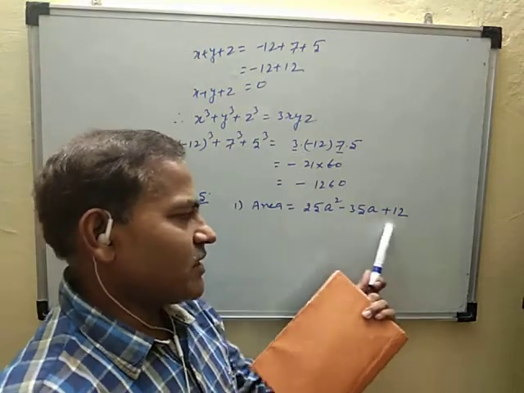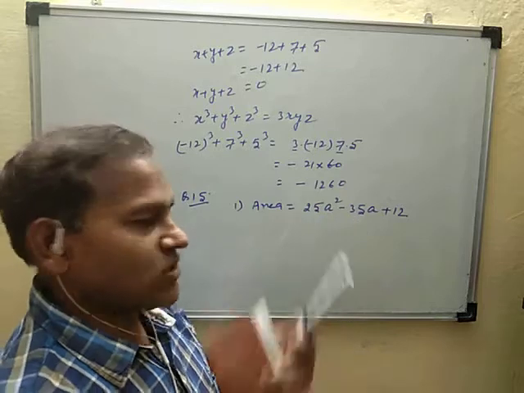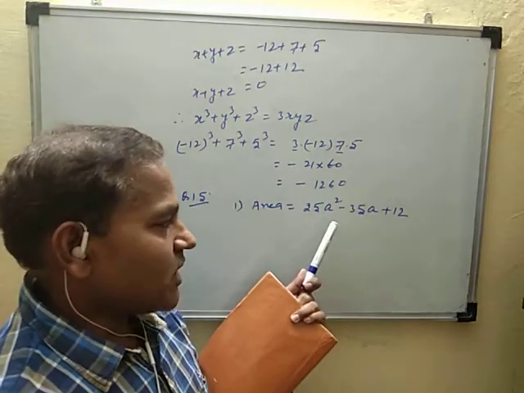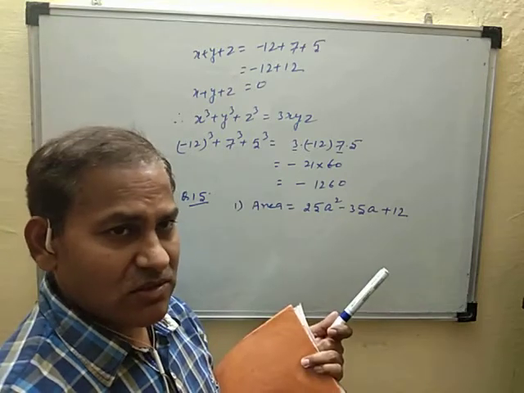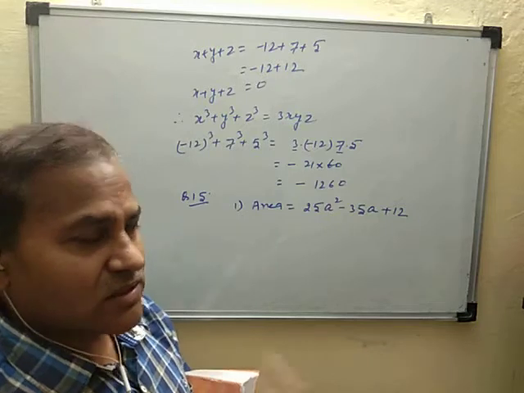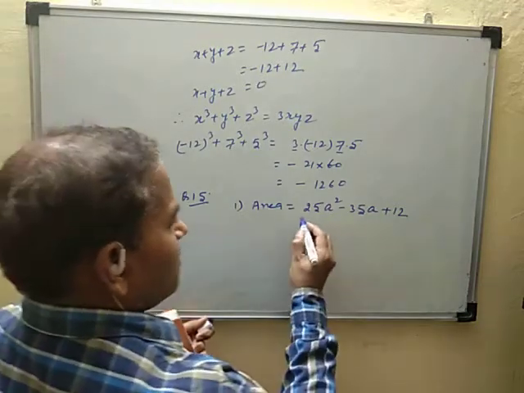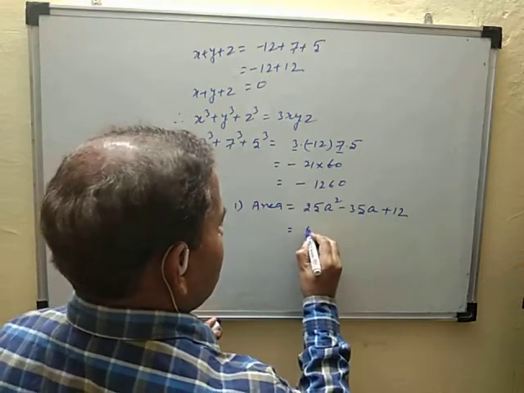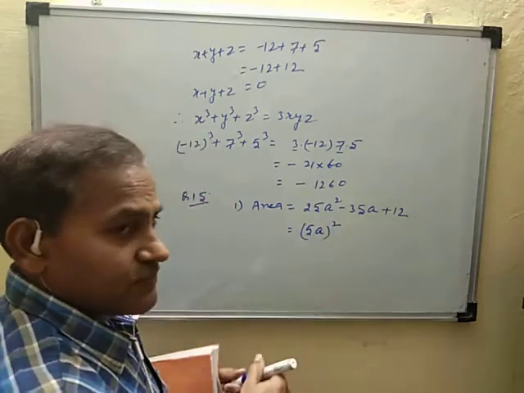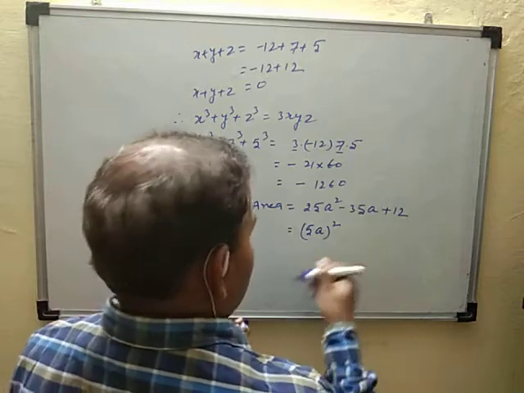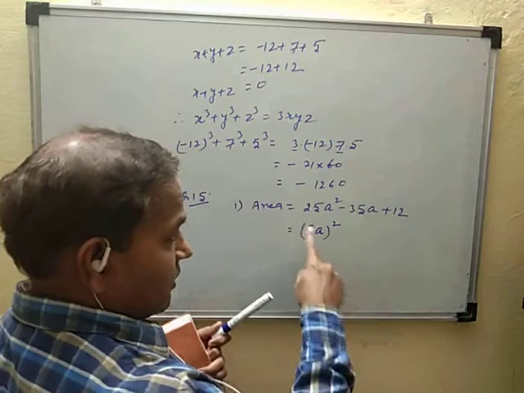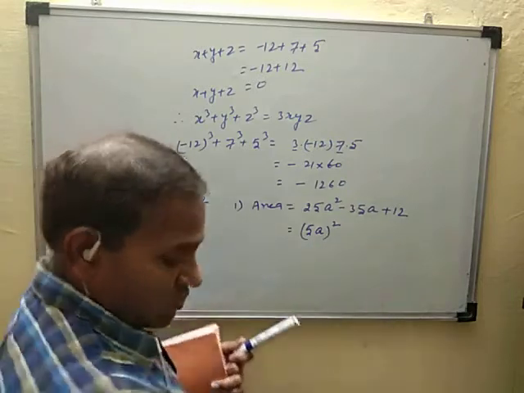Factorize the given area. It is a quadratic expression, so it has 2 linear factors. One factor is the length and the other factor is the breadth. 25a square can be written as 5a whole square, but this is not a minus b whole square, so we cannot use that formula.